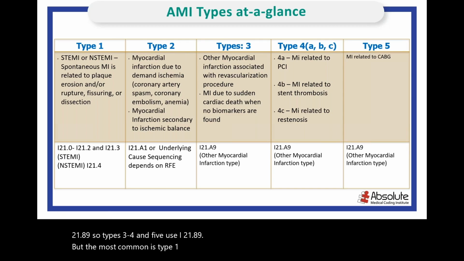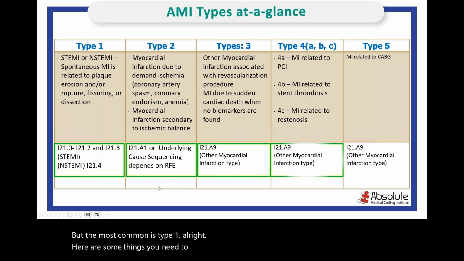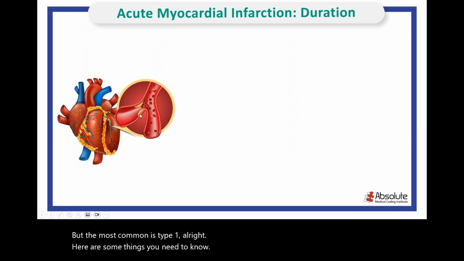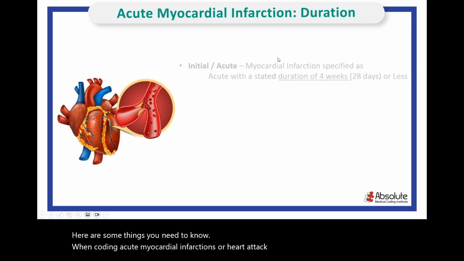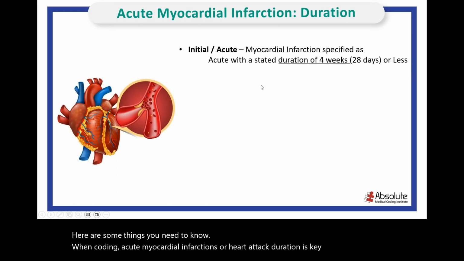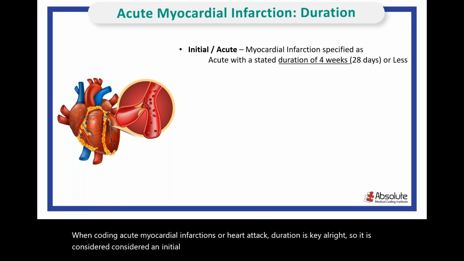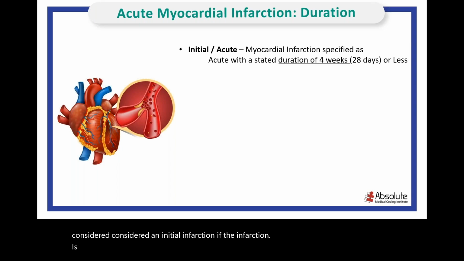All right. So here are some things you need to know. When coding acute myocardial infarctions or heart attack, duration is key. It is considered an initial infarction if the infarction is specified as having occurred within the last 28 days or less.